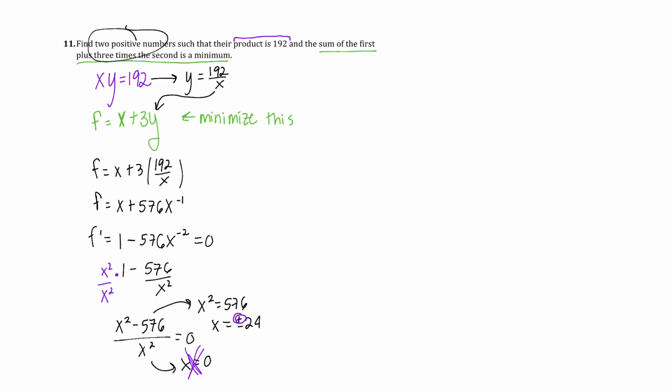We do need to check it. We need to verify that 24 works. I'm going to go back to this guy. I'm going to find f double prime and then see what the concavity is. So f double prime, you're going to have negative 2 times 576 x to the negative 3.